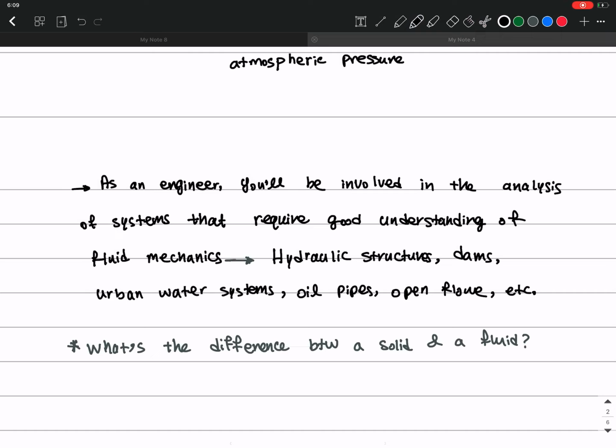So, an informal definition of a fluid, which distinguishes it from solids, is as follows.